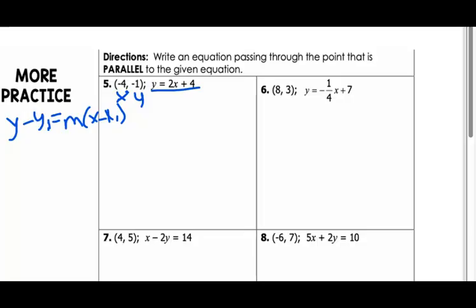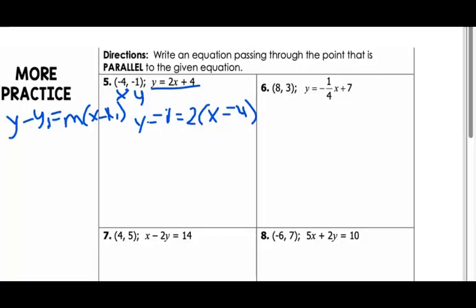So you're going to put y minus y1, which is negative 1, equals m, which is 2, and then x minus negative 4. Now we've got some double negatives here, so we're going to make these into positives. This will be plus, and this will be plus.